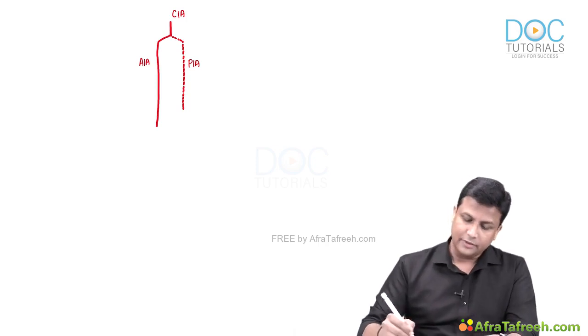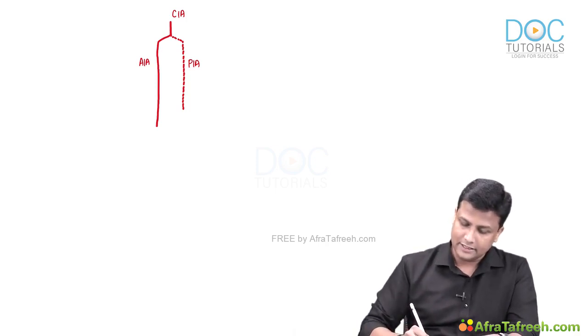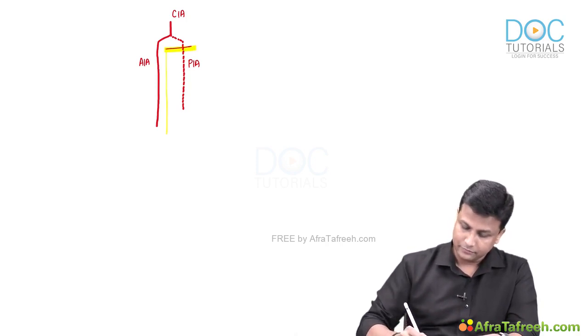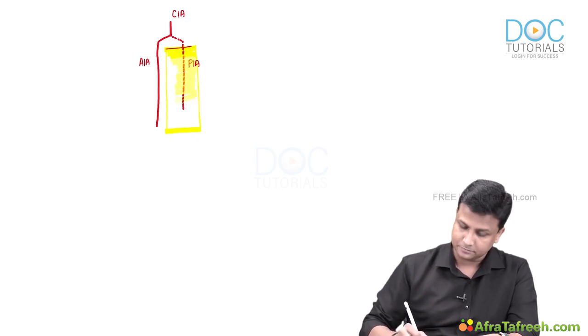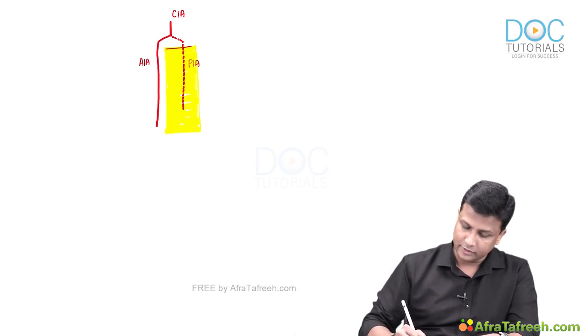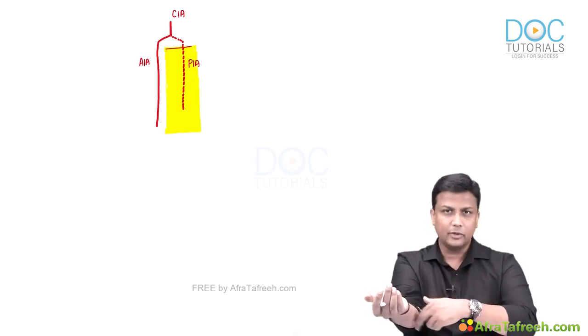Now what is going to happen here is in the distal end, not the proximal part, in the distal part. For example, imagine this one is your interosseous membrane here. In the lower end, or the distal end, the anterior interosseous artery will be there and there will be the posterior interosseous artery.